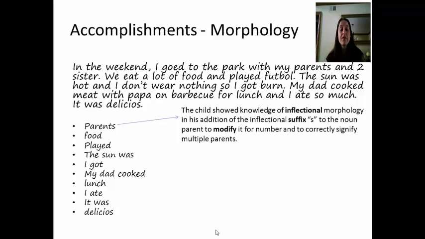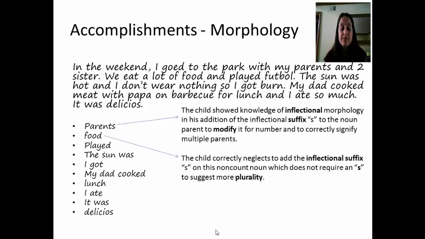The child showed correct knowledge of inflectional morphology in his addition of the inflectional suffix s to the noun parent to modify it for number and to correctly signify multiple parents. And again, you can use this example as a model for how you would write and describe and determine the accomplishments.